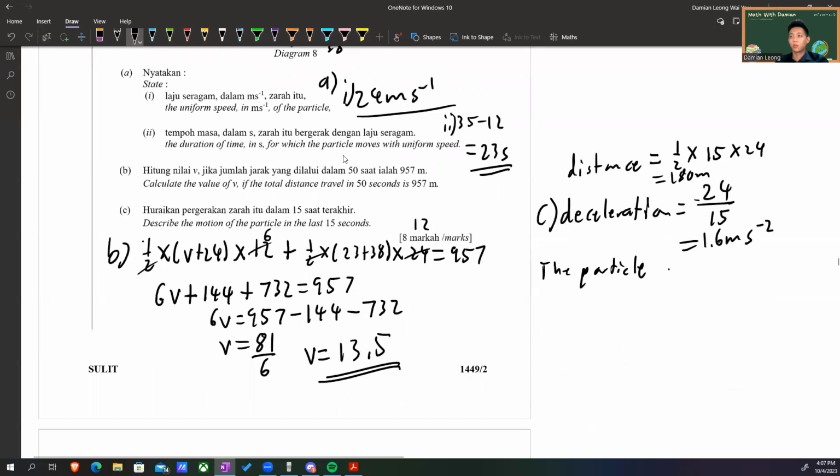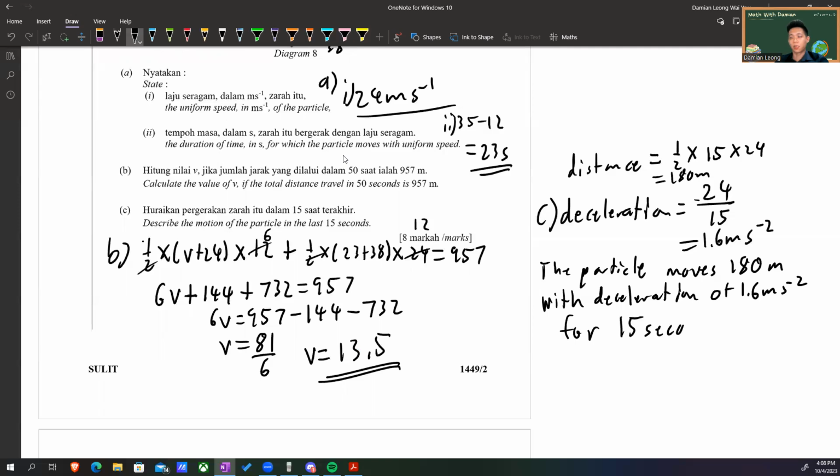So the particle moves 180 meters with a deceleration of 1.6 meter per second square for 15 seconds.